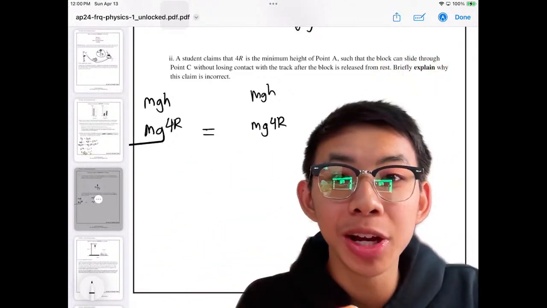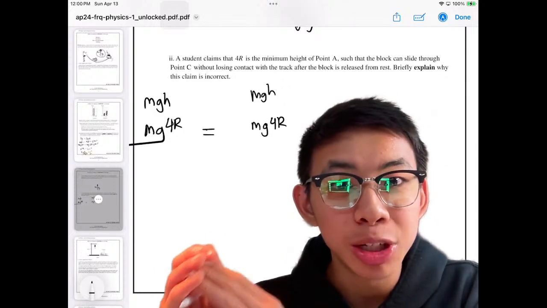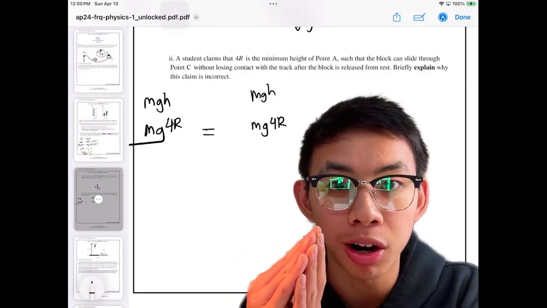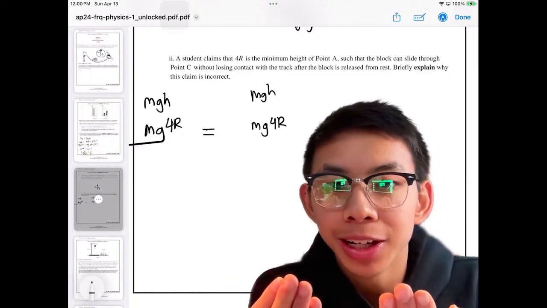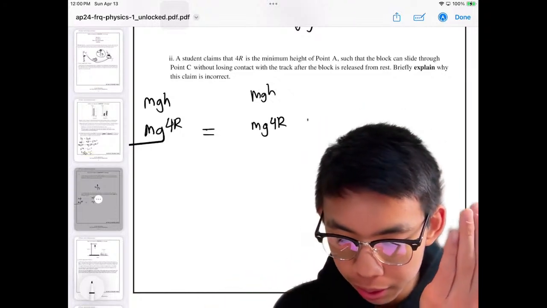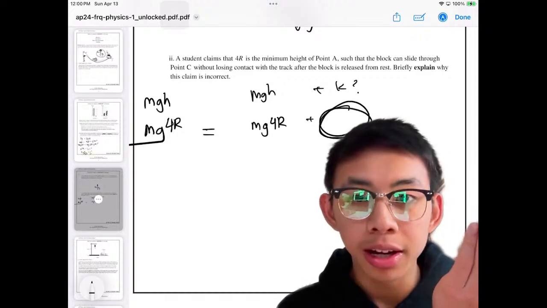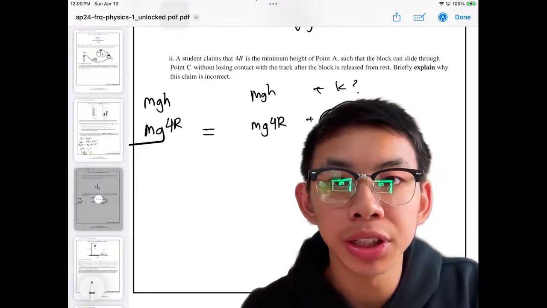There's no way it can go past that, because all the energy is transformed into gravitational potential energy at 4r, the same height as point C, but there's no kinetic energy there. There is no K. We used up all the gravitational potential energy.